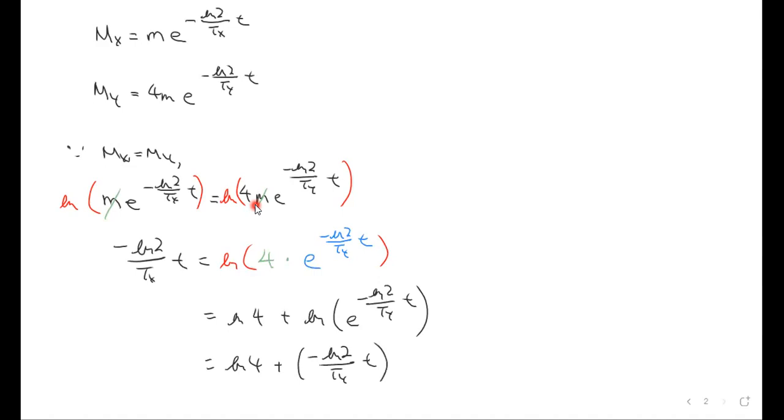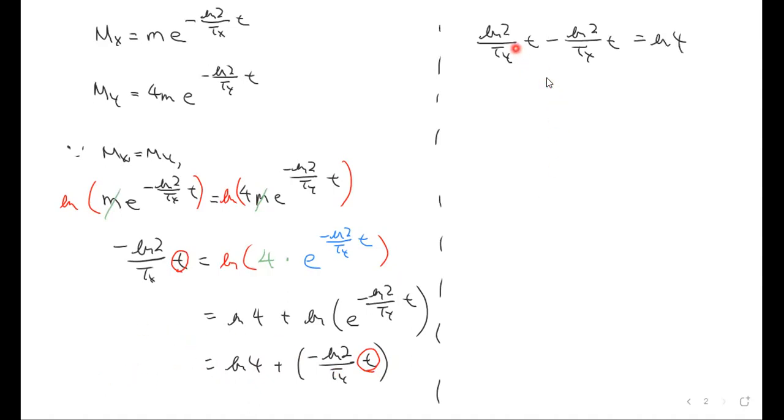Now, remember what your aim is. What you're trying to find is t, lowercase. That's your unknown. Your capital Tx and capital Ty are known values, essentially. So just collect like terms and solve for lowercase t. So I'll move that to the other side. That means you've got log 2 over Ty, t, minus log 2 over Tx, t, equals log 4.